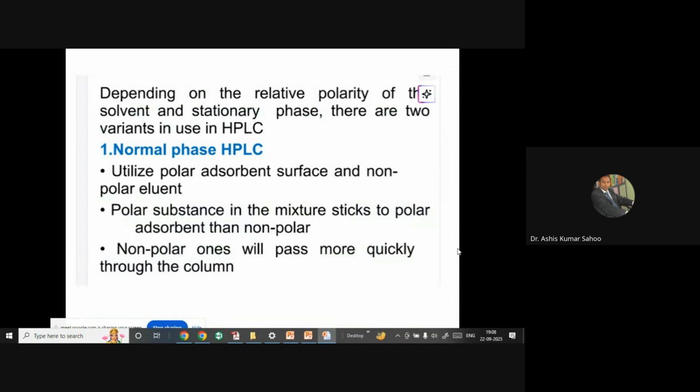Depending on the relative polarity of the solvent and stationary phase, there are two variants used in HPLC. Normal phase HPLC utilizes a polar adsorption surface and a non-polar eluent. The polar substance in the mixture sticks to the polar adsorption surface, while non-polar ones pass more quickly.